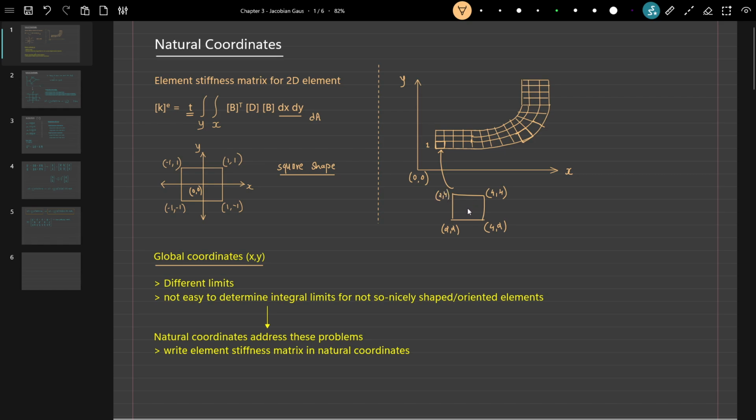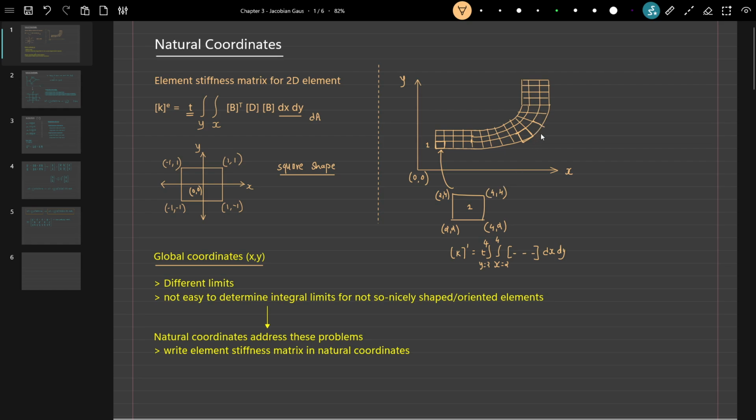So for this element, we can write element stiffness matrix 1: B transpose D B dx dy. For this element, the integration limits will be x equal to 2 to 4 and y equal to 2 to 4. So for this element, it is straightforward.